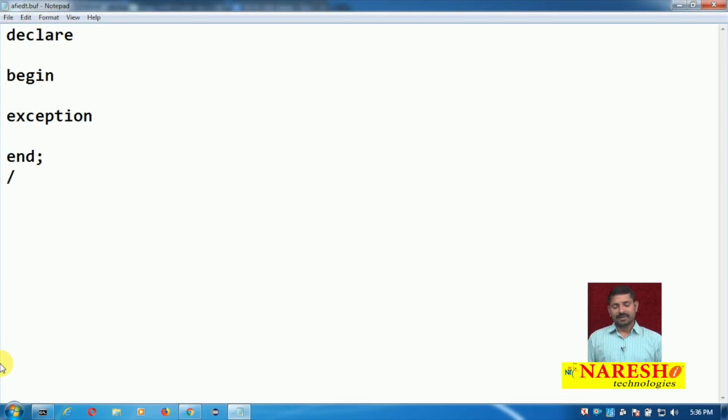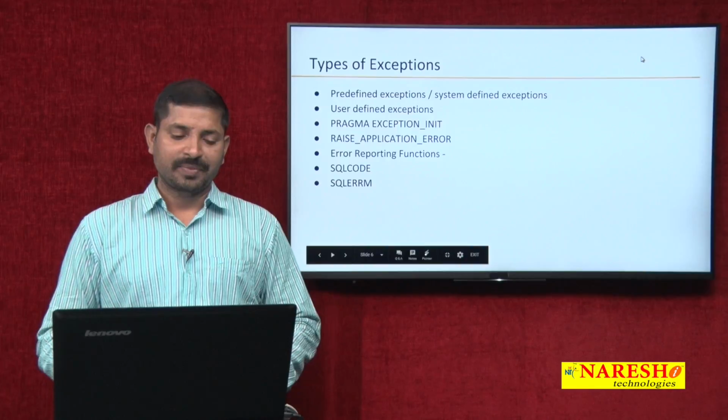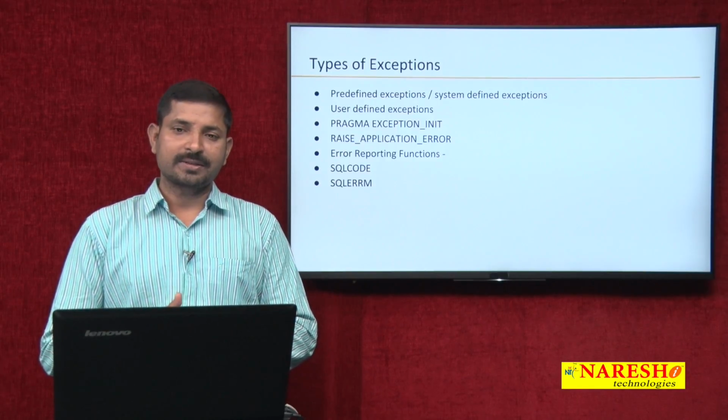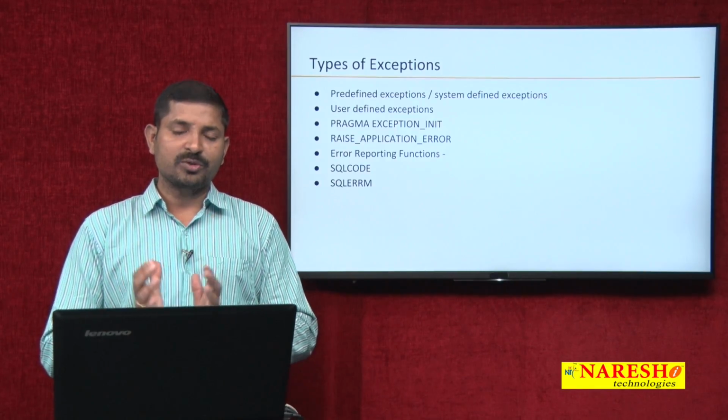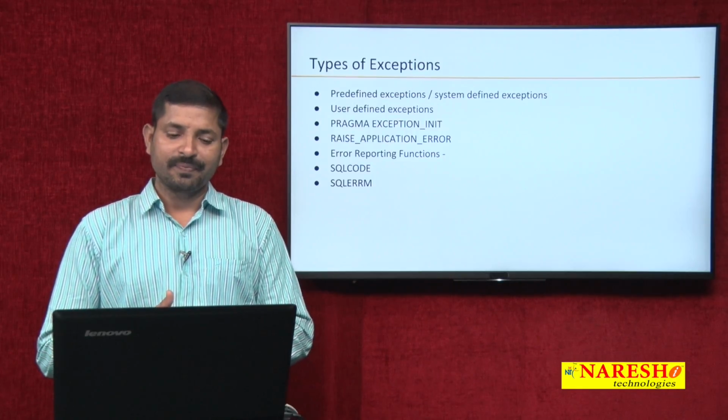Any kind of exception is likely to occur in the begin block, and we need to have an exception handling mechanism in the exception block. Let us see how we handle these exceptions. As you can see, we have several different types of exceptions. Broadly, there are two categories: predefined exceptions and user defined exceptions.